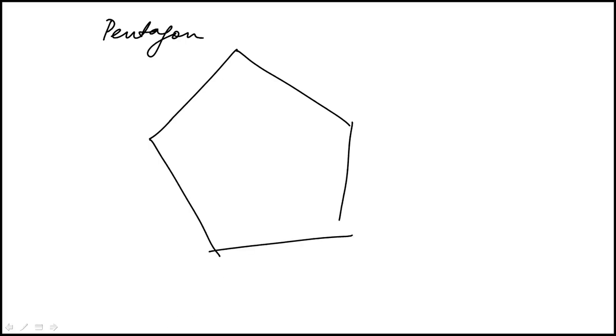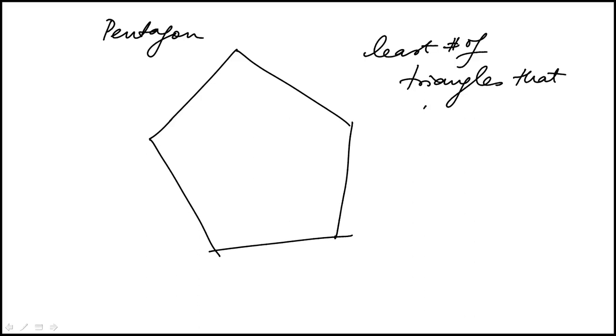So next is pentagon. A pentagon is a 5-sided figure. And again, the question here is, what's the least number of triangles that we can divide this figure into?